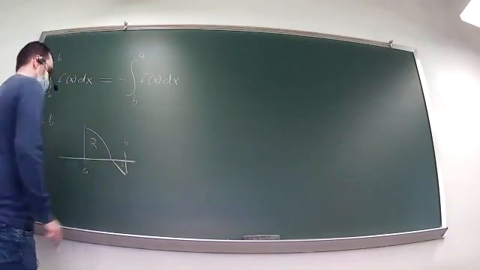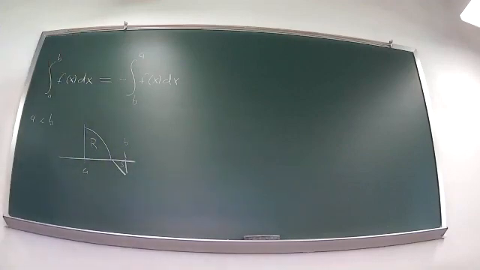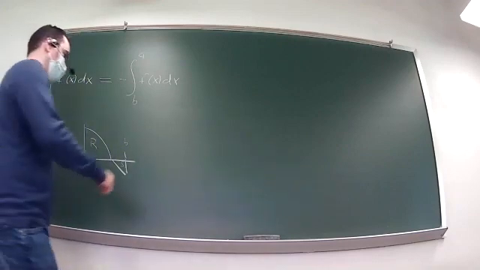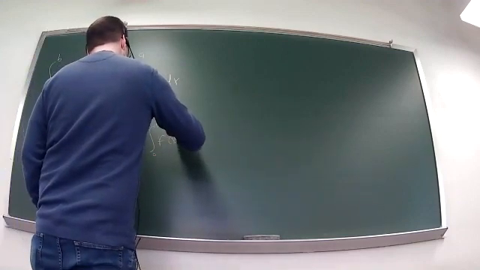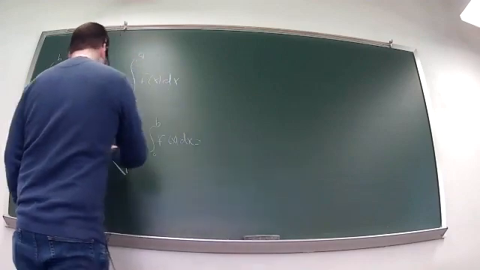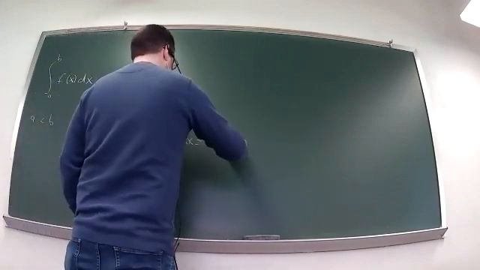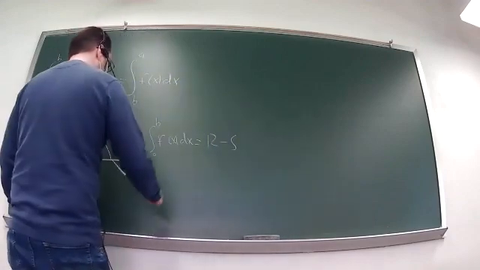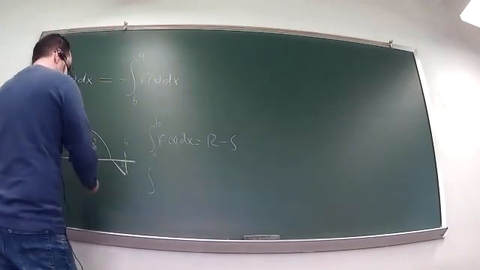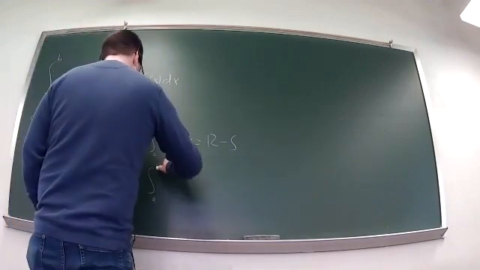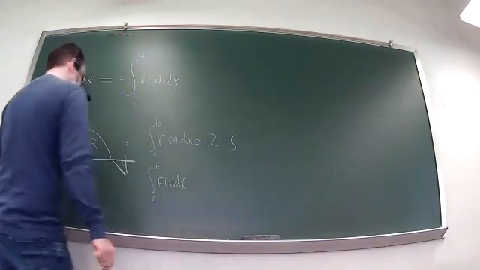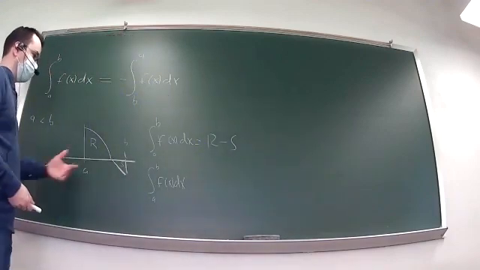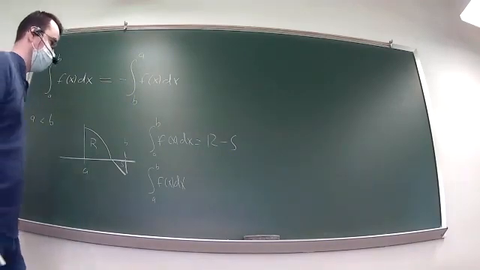call the area under the curve R, the area above the curve S. So if you're integrating from A to B, then that would be the signed area. It would be R minus S. If you're thinking about going from B to A, geometrically, what you should think about is you're reversing direction, reversing orientation.